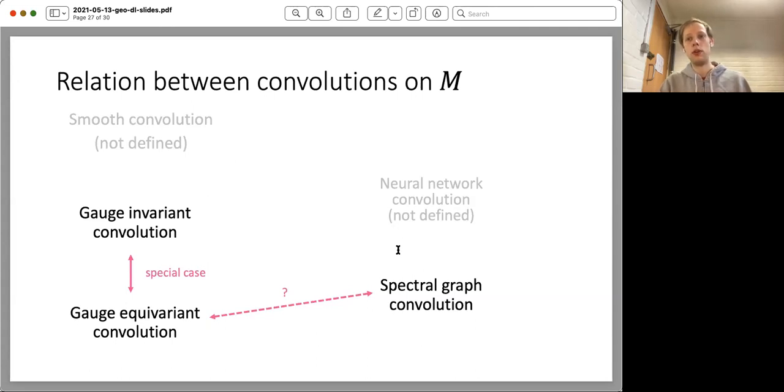So it would be nice to have some result like the complicated theorem that I mentioned earlier, where you say, oh, we choose some graph embedded in our manifold, and you want these operations to commute: to go from a manifold function to a function on the graph, then doing the spectral graph convolution should be the same as doing the gauge equivariant convolution and then restricting to a function defined on the graph.